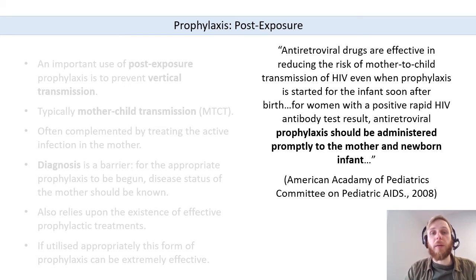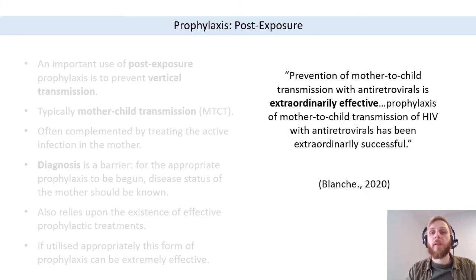Some individuals can be very resistant to getting tested for HIV, and it can put healthcare workers in a really difficult position because there are ethical challenges associated with this. But if there is a diagnostic test of the mother that says she is HIV positive, then these steps can be taken to prevent transmission to the baby. And this paper here suggests prevention of mother-to-child transmission is extraordinarily effective when using antiretrovirals prophylactically.